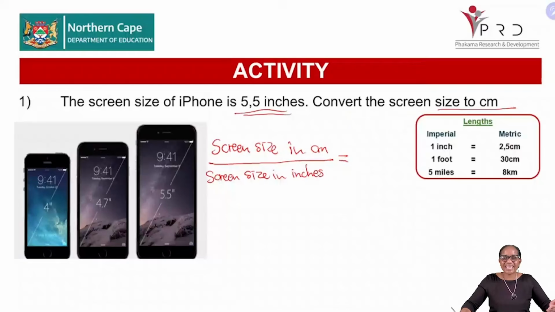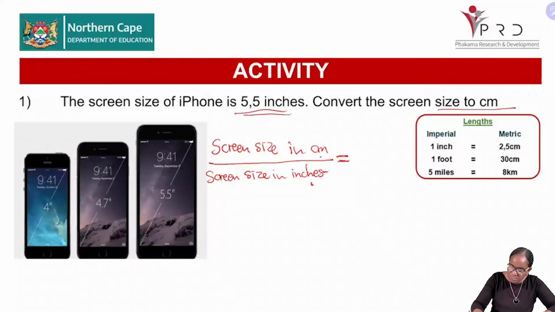So from our hints there, we have to make the conversion factor a fraction of the units that we are working with. So if you look at this, we have the screen size in centimeters over the screen size in inches. So going to the left hand of our equal sign, our conversion factor should be centimeters over inches.